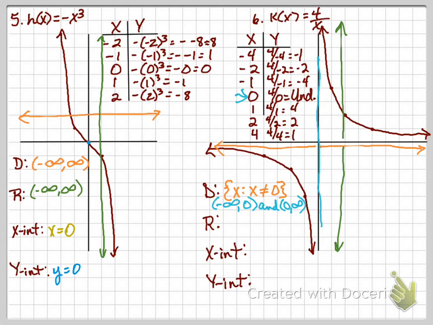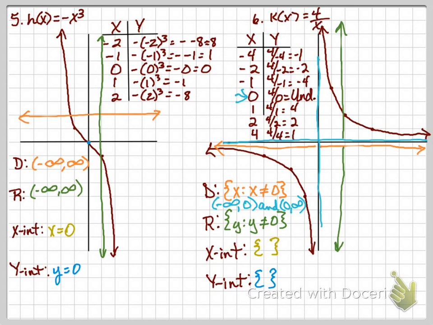Look at the green. Again, the green has a gap in it because there's our horizontal line of asymptote. I don't know why I just lost that word. So for my range, I have y is not equal to 0. And you notice that nowhere is that graph going to cross the x or y axis.